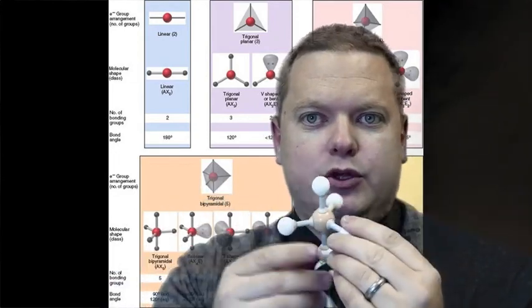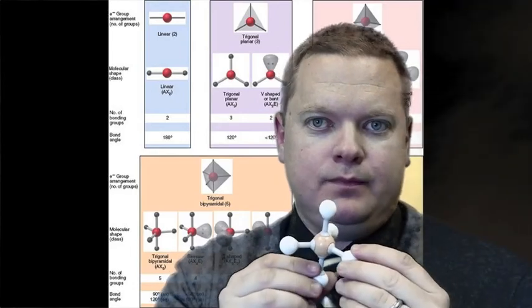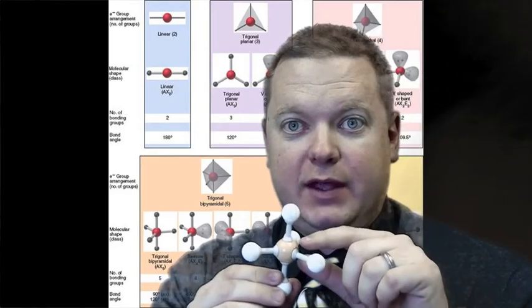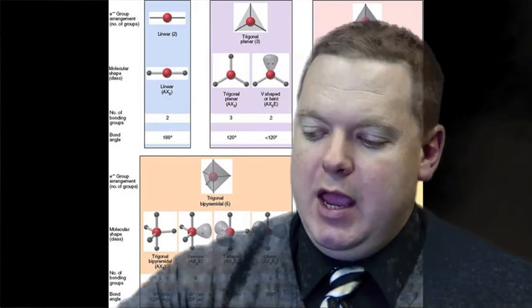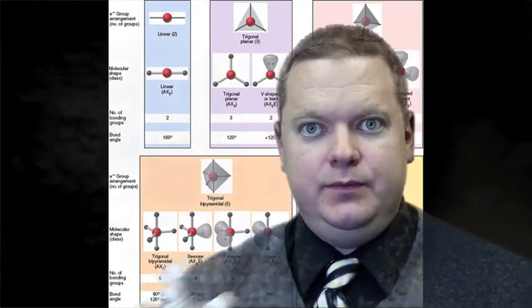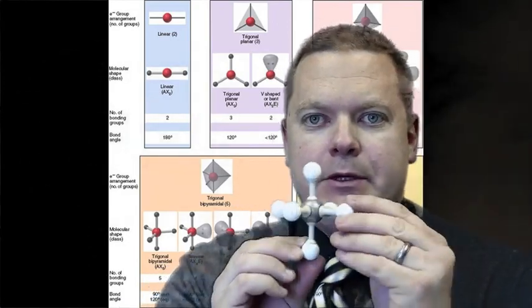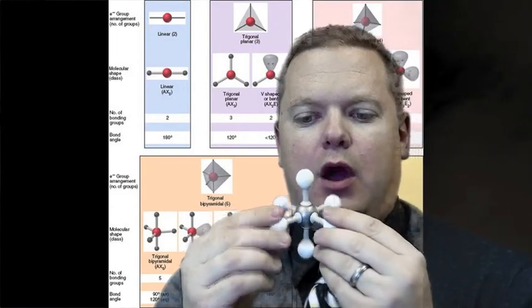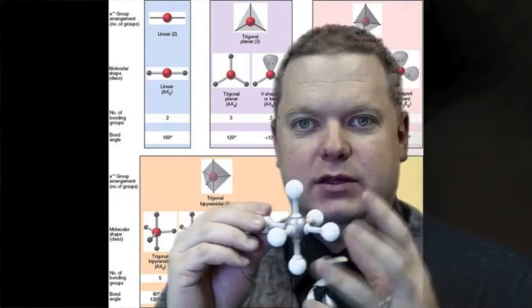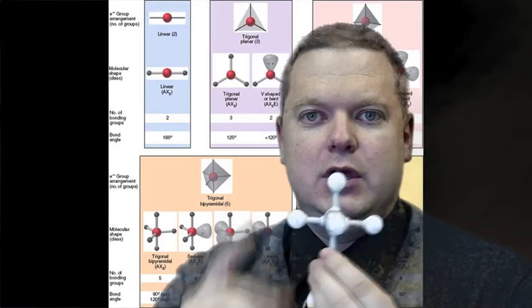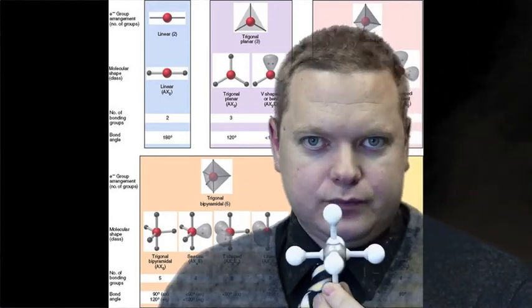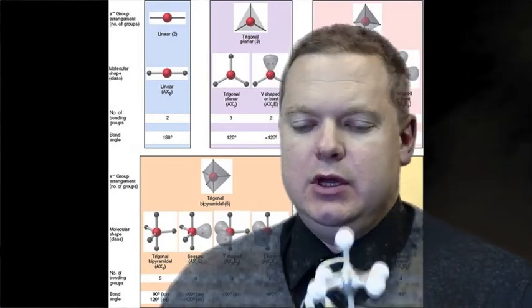So this shape is called trigonal bipyramidal, when we have 5 things bound to the central atom. If we have 6, now we get this shape. And this shape we're going to call octahedral. There's 8 sides to this, or 8 faces on this enclosed surface. So this is the octahedral.